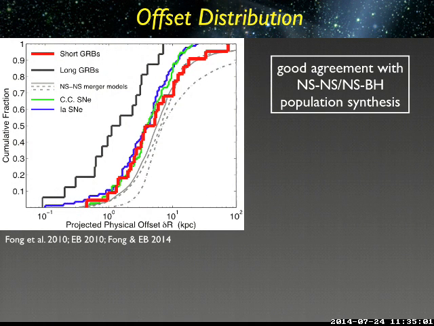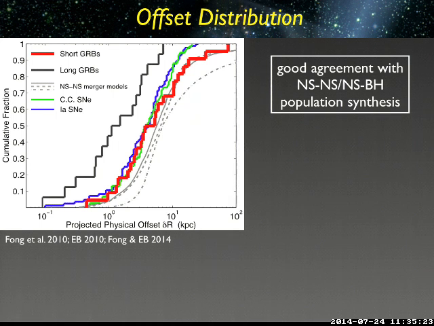All right, so if we fold all of this together, we find the following. This red histogram here is the cumulative offset distribution for short GRBs. And we have comparisons here to long GRBs, core collapse supernovae, type Ia supernovae. But I think the more interesting one is the comparison to population synthesis predictions for neutron star binary mergers, which are these gray lines. And you can see that overall there is reasonable agreement.